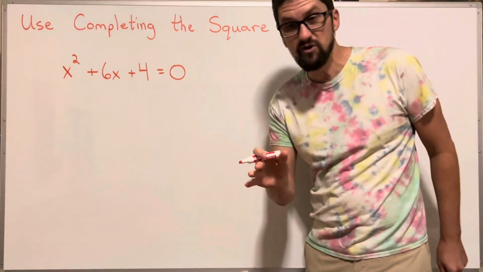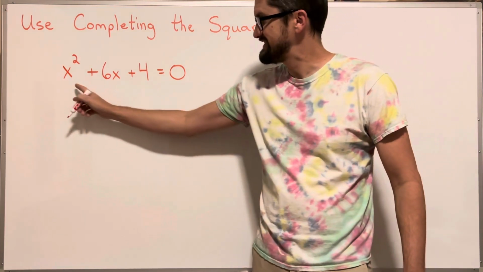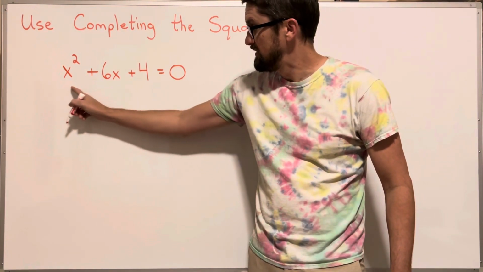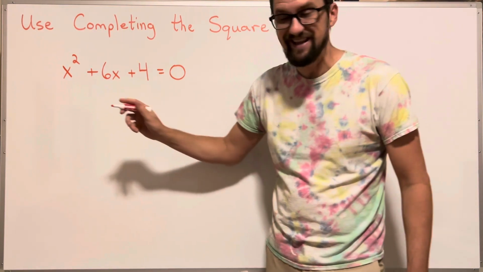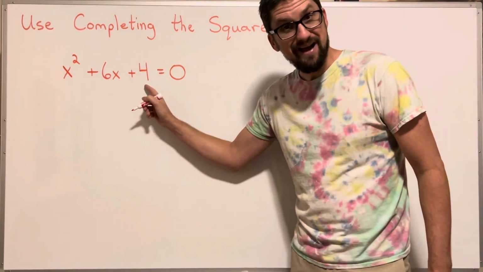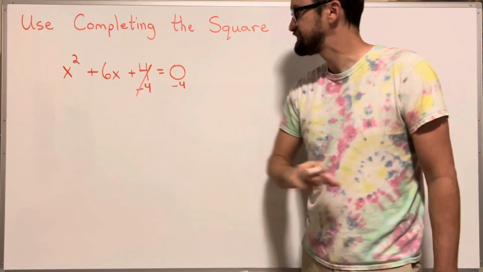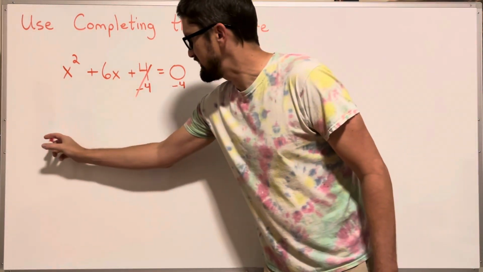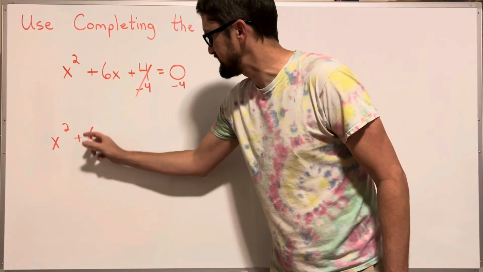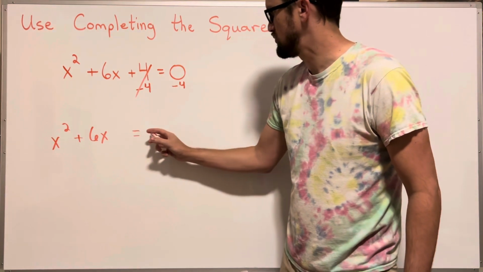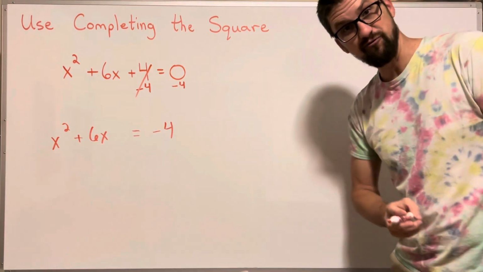Now, the first thing you want to do is isolate the x squared term and the x term. And we're going to do that by subtracting 4 on both sides. That gives us x squared plus 6x equals -4.